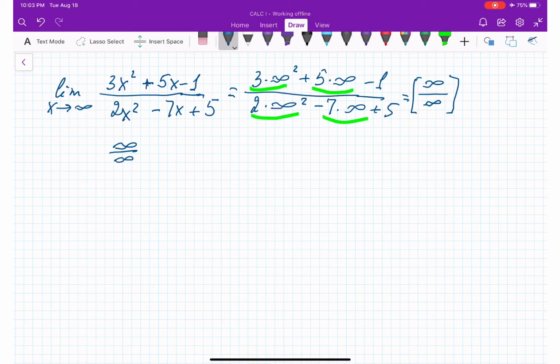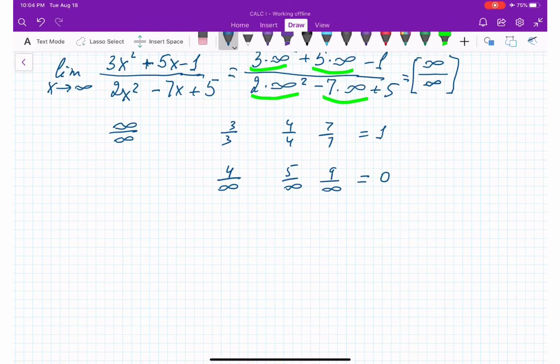When I have, let's say, 3 over 3, 4 over 4, 7 over 7, it's going to be equal to 1, right? And from previous videos we also know that if we divide any number, 4 over infinity, 5 over infinity, 9 over infinity, any number divided by infinity, we are getting 0.